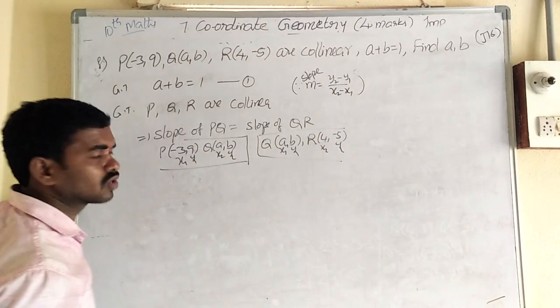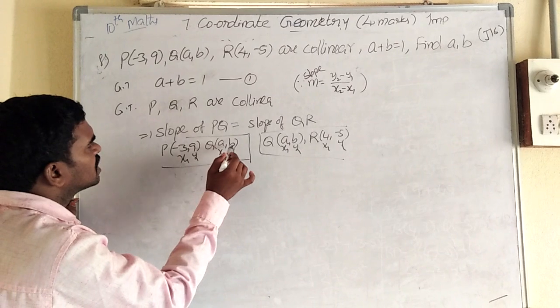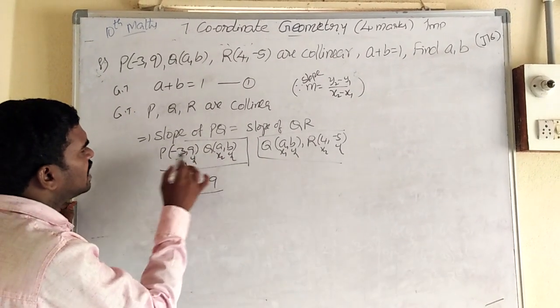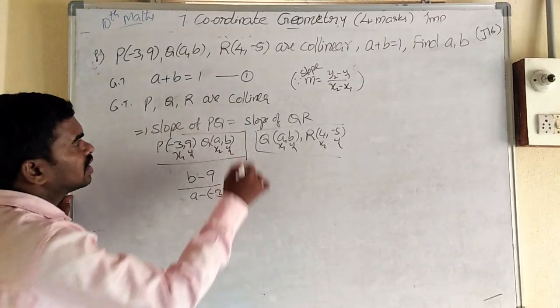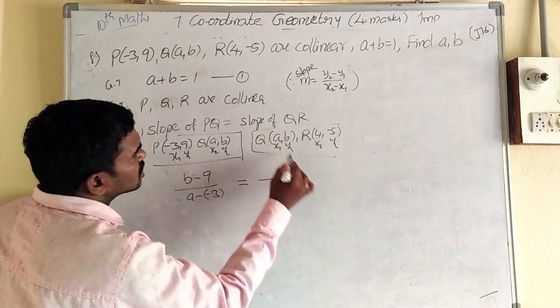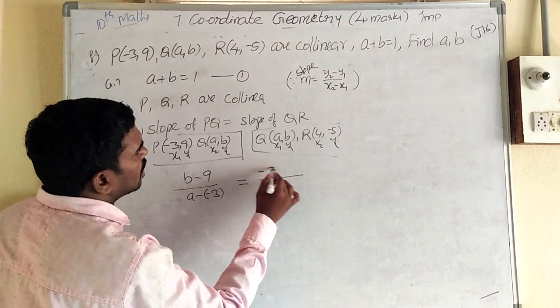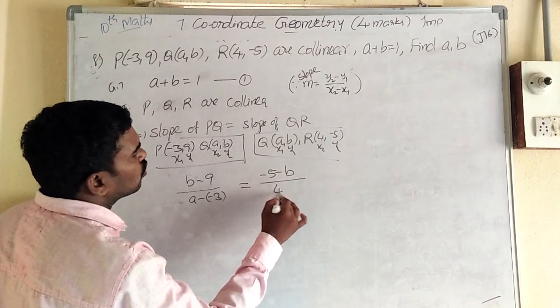For the PQ slope, y2 minus y1 means b minus 9, by x2 minus x1 means a minus (minus 3), which is a plus 3. Then it is equal to the slope of QR. What is the slope of QR? Same, y2 minus y1 means minus 5 minus b, by x2 minus x1, 4 minus a.